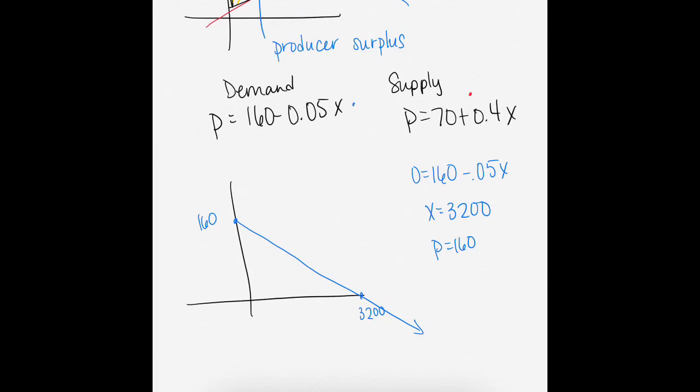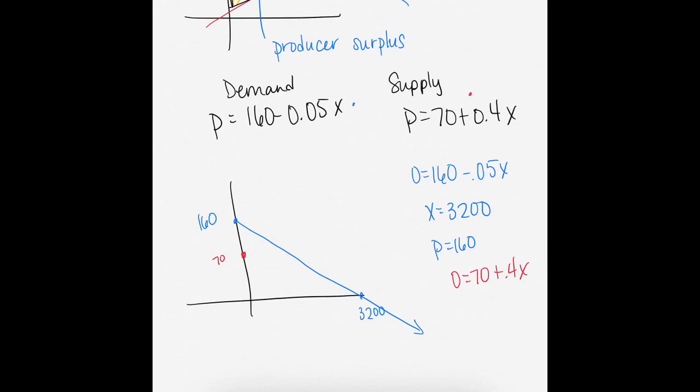All right. And then the supply, this one is the supply. If x is 0, p will be 70. So we're going to say 70 is right here. And then we set it equal to 0. We want to find the x-intercept. Oops, that's not supposed to be a 0.04. It's supposed to be a 0.4.